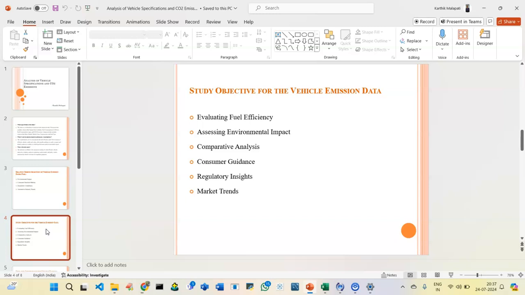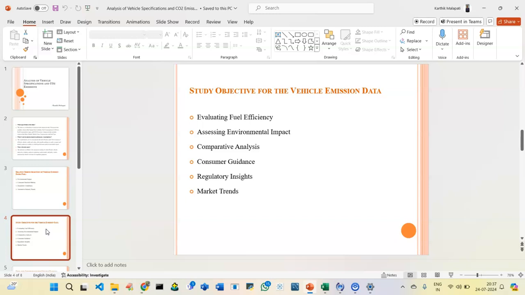The second one is assessing environmental impact: quantify the CO2 emission of each vehicle model to understand their environmental impact and identify which vehicles are more environmentally friendly to use.